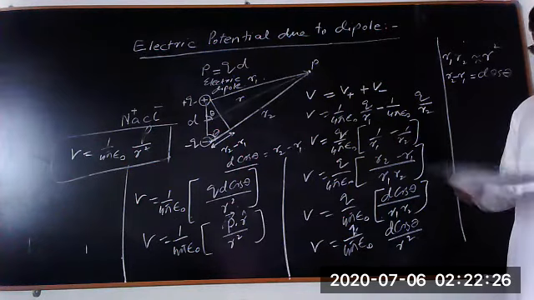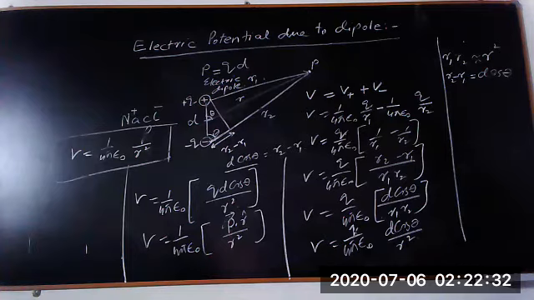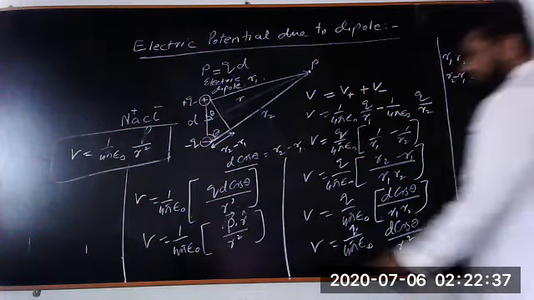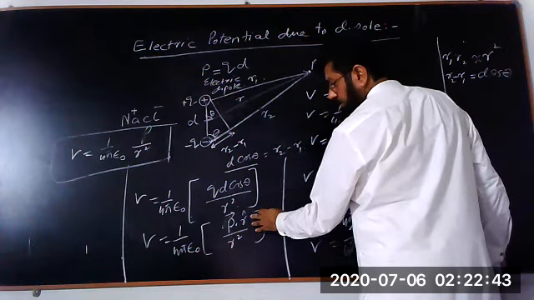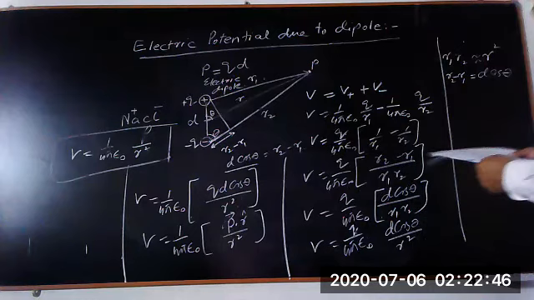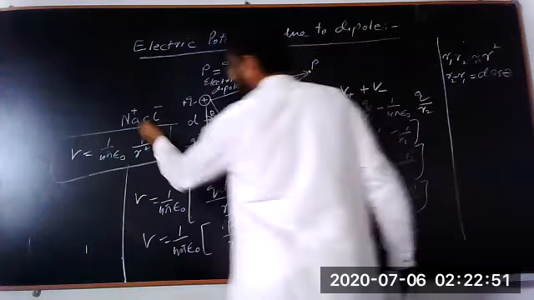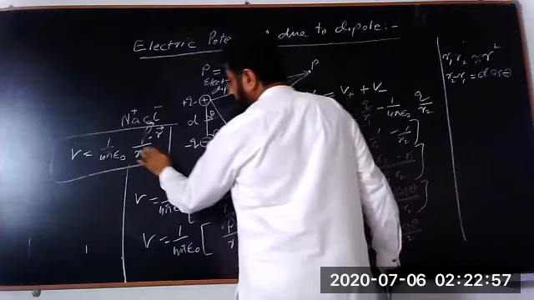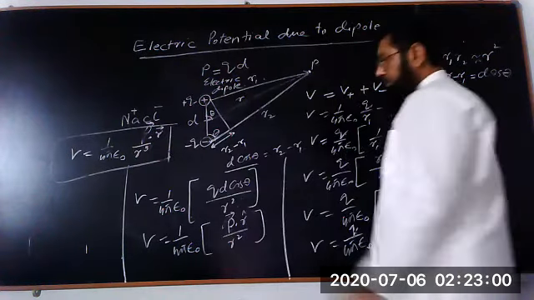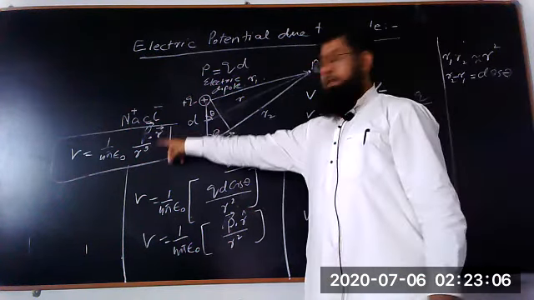Now if we look here, the electric dipole is P dot R over R square. This can be written as P vector dot R vector divided by R cube, because the unit vector is equal to the vector divided by its magnitude.